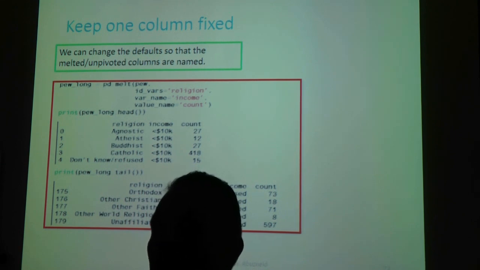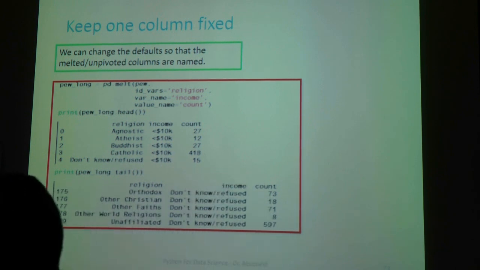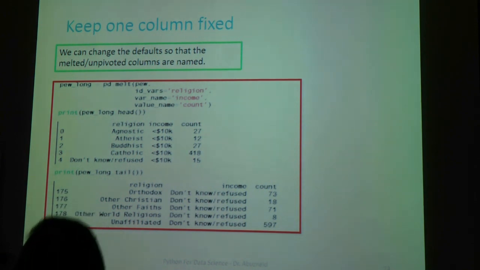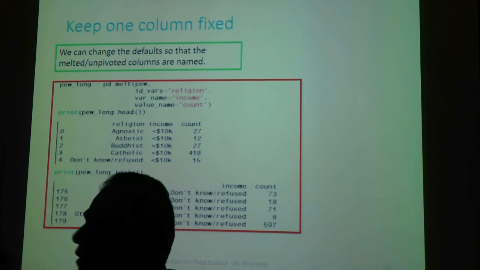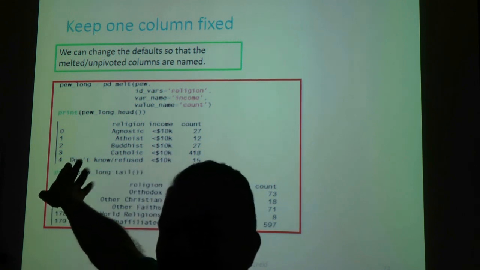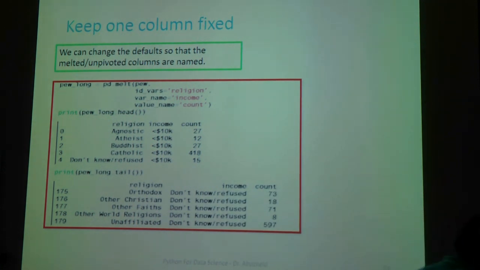What will happen to my data, will it be smaller or bigger? Same size. But instead of being spread out like this, it will go down. But definitely now for data analysis, that will be much easier. It's the tidy data.